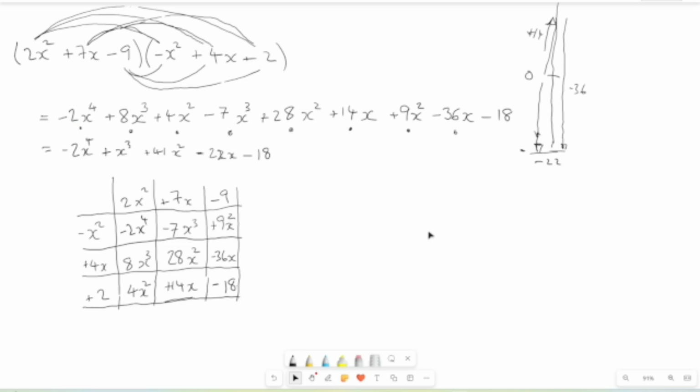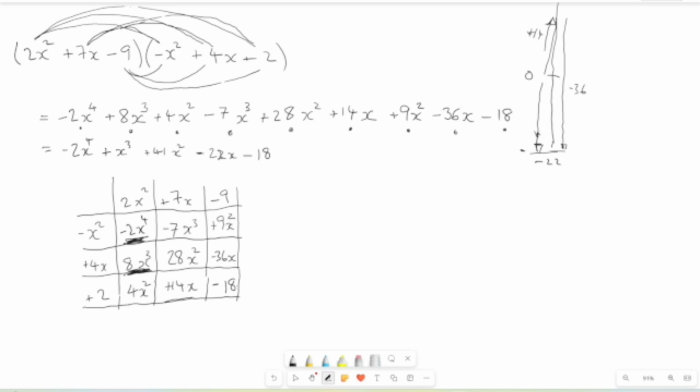Oh, I didn't put a dot under my 18, you see, that's very naughty. There we are, minus 18. So let's just check that off. We've got minus 2x to the fourth, and that appears here. Good. We've got plus 8x cubed, and that appears here.